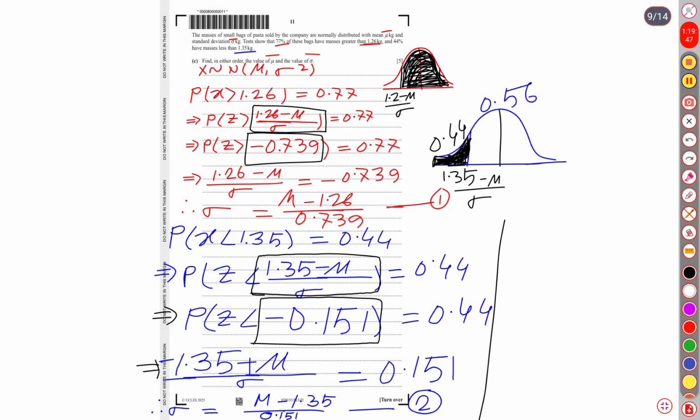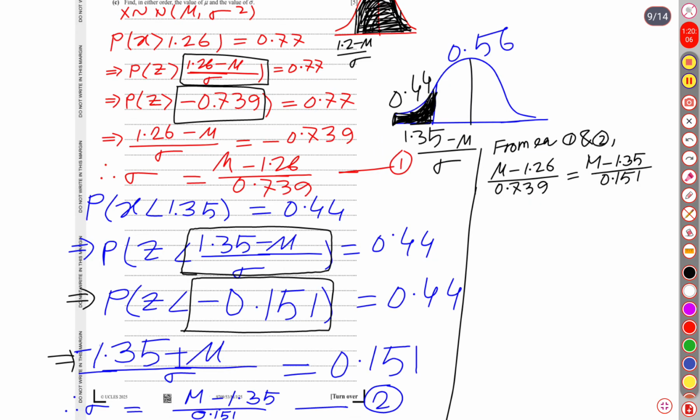So if we solve the equations simultaneously, sigma is equal to mu minus, or you can write here from equation 1 and 2, and then if we do the cross multiplication, it is going to be 0.151 mu.